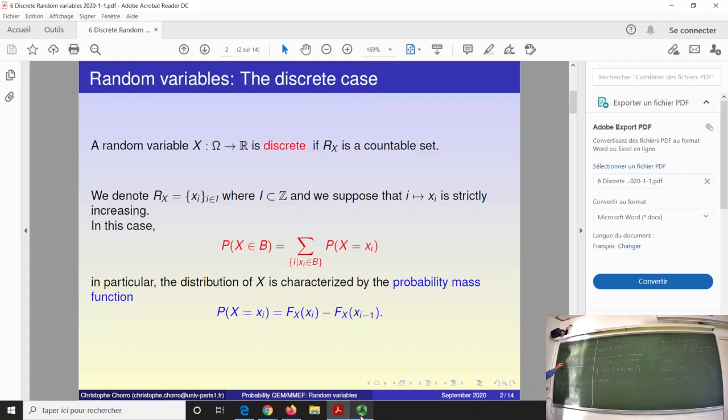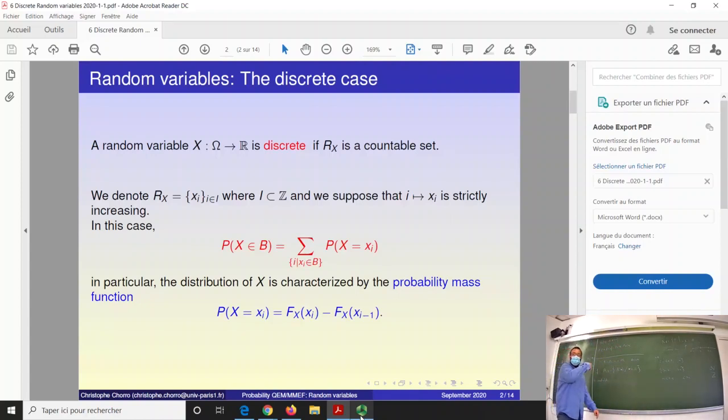It means that if you want to know P_X, you need to know all these probabilities for any subset of the real numbers. So a priori you have a lot of work to do. You have to compute this for any arbitrary B.